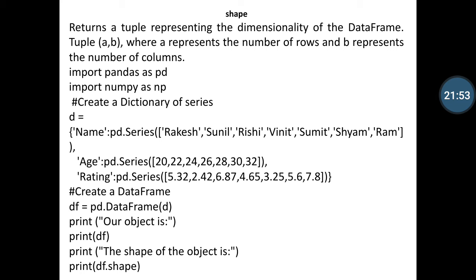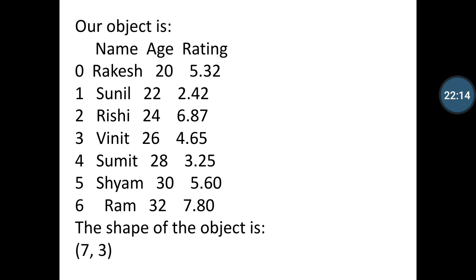And then I define a label for the shape of the object with print, and then the last code defines the data frame shape. I am writing here print(df.shape). It returns the number of rows and columns as output.